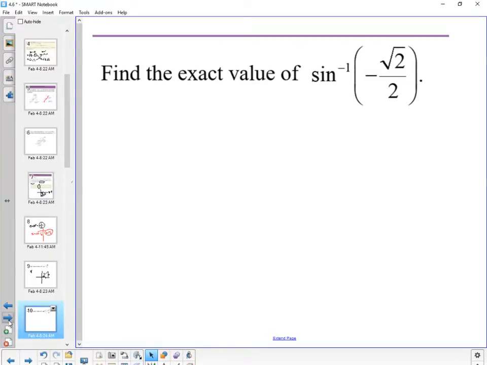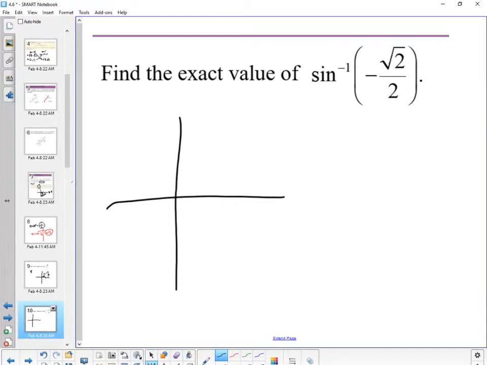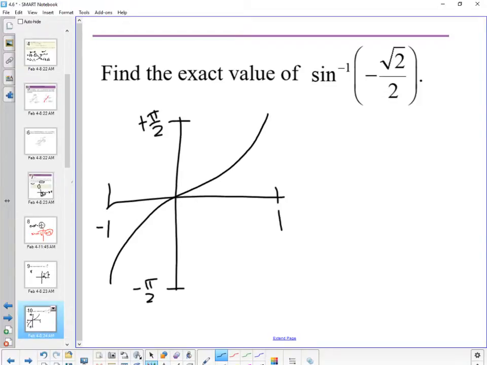Questions, anybody? Don't just look at me with a glazed look. Since it's inverse, you're going that way, right? If you think about the inverse one, the input goes from negative 1 to 1, and then I go up to pi halves and down to negative pi halves. So it should look something like this.